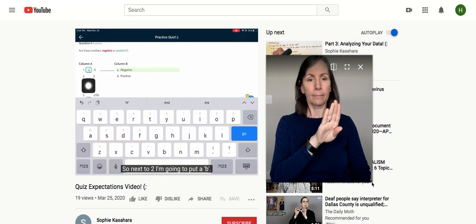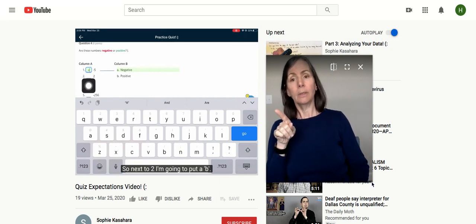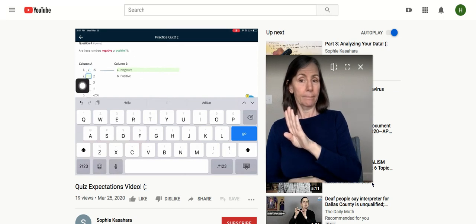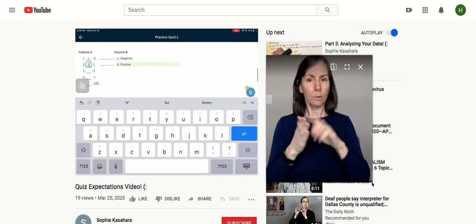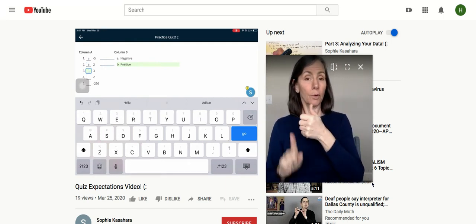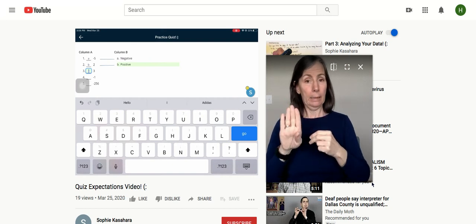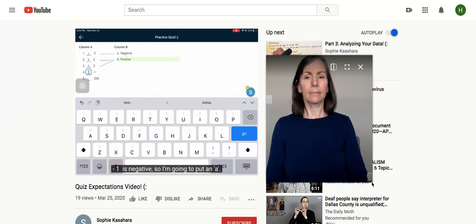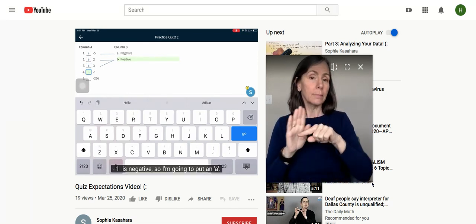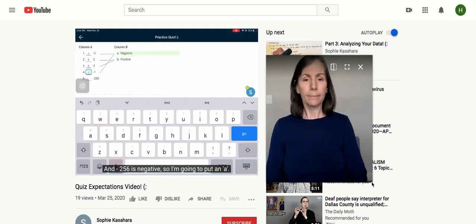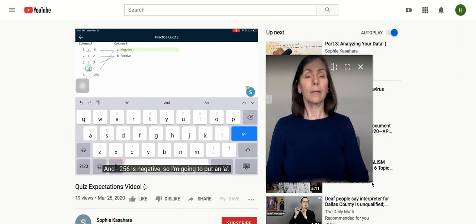So next to 2, I'm going to put a B. Three is positive, so I'm going to put a B. Negative 1 is negative, so I'm going to put an A. And negative 256 is negative, so I'm going to put an A.